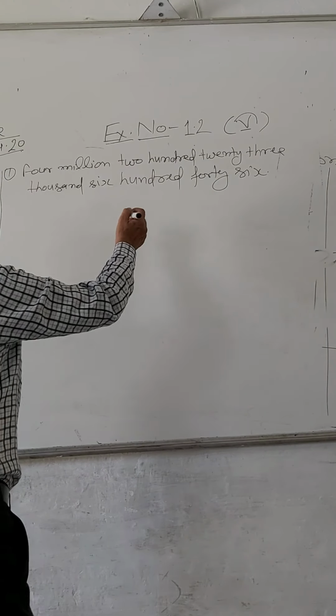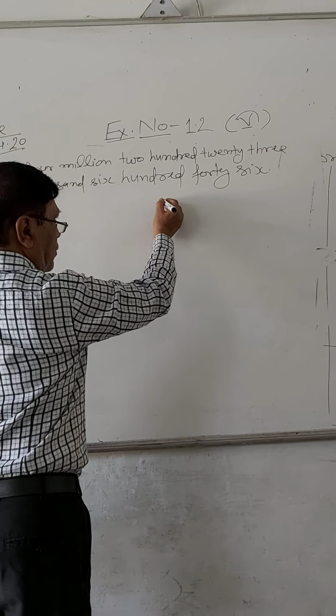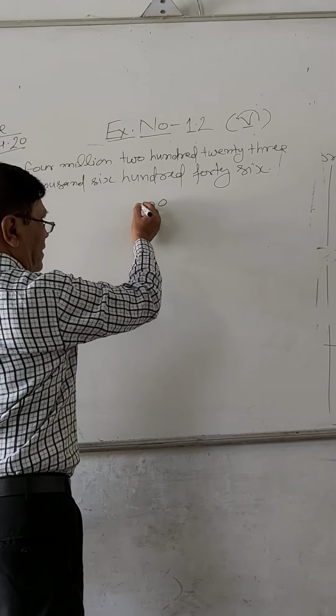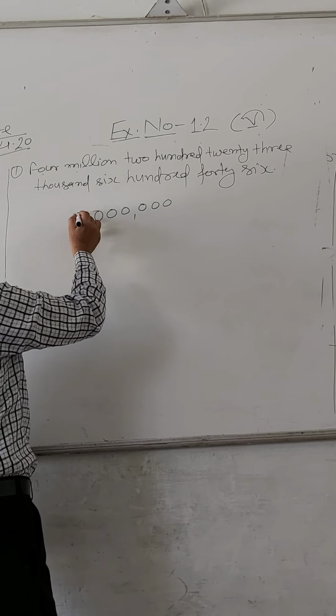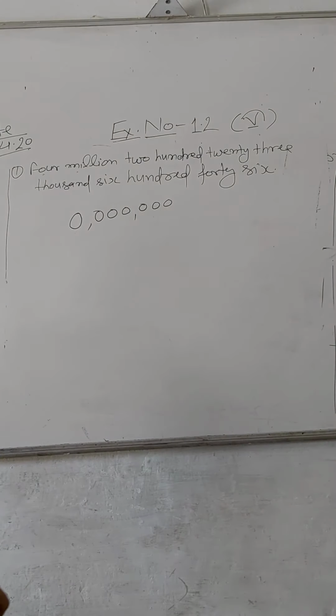For your convenience you can put the zeros: ones, tens, 100, after that 1,000, 10,000, 100,000. Now it is coming 4 million. This is the million place. So for 4 million, on the place of million you write 4, put the comma, 4,223,000. 223, this is the 1,000 place.